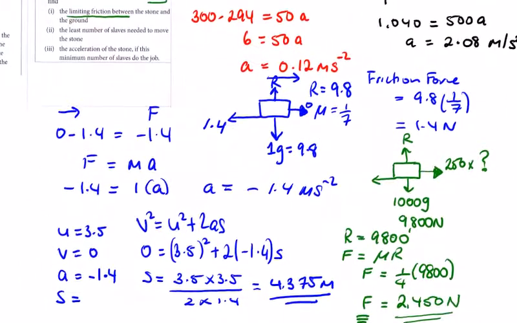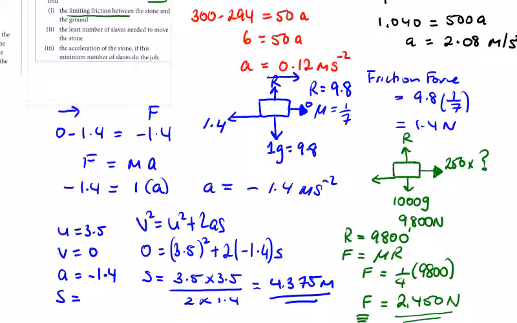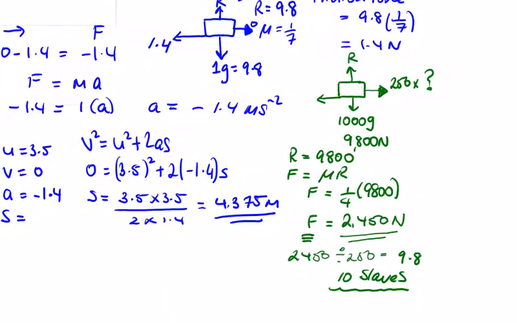And then is there a third part to this question? The acceleration of the stone if the minimum number of slaves do this job. Okay, so now we have our forces. The resultant force is 2,500 minus 2,450, so 50 newtons.